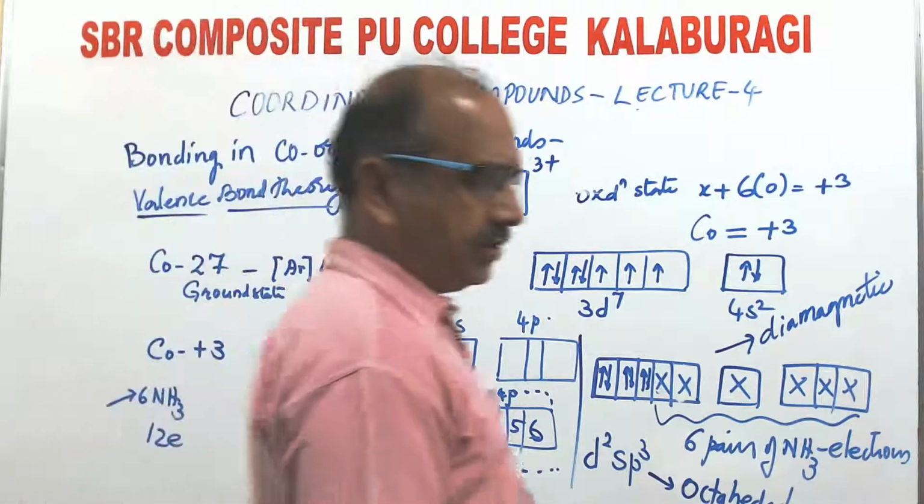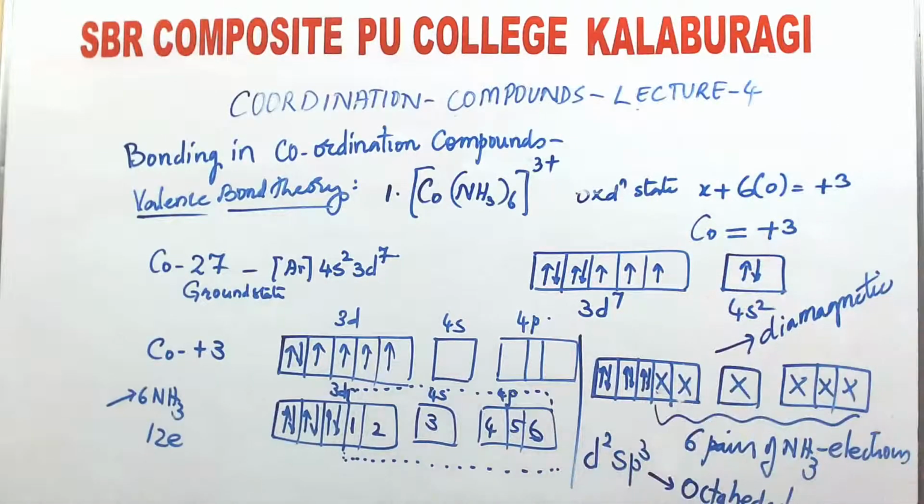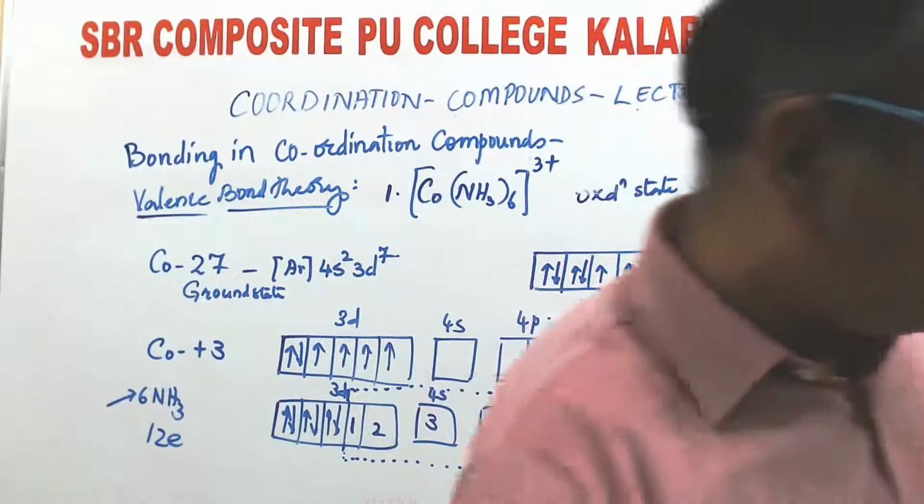Okay, one more molecule, let us see, an outer orbital complex. But first, this will give rise to a structure also, let us put it, then it will be complete.